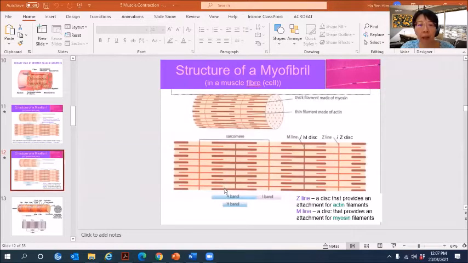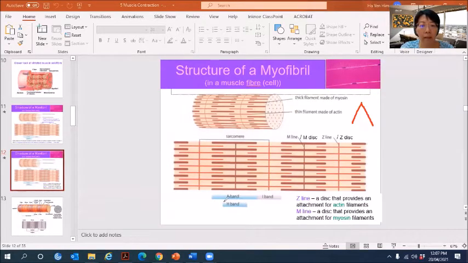The A band is the entire length of the thick filament. When you draw the two lines, this line and this line can overlap, which means your thin filament can move towards this location. That's why they can overlap. So the A band is the entire length of the thick filament.